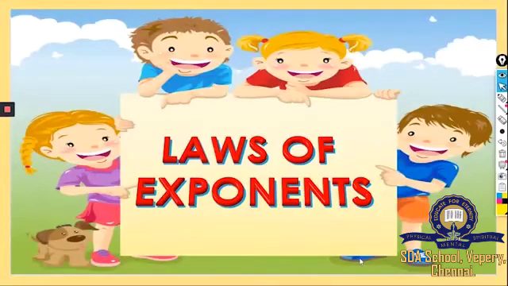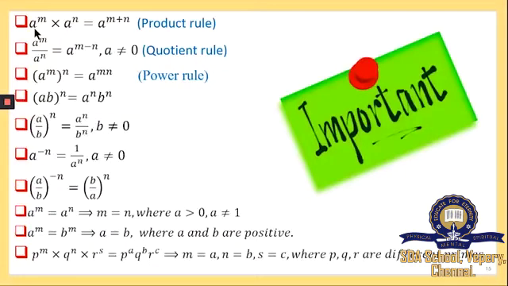So all these laws will be useful in solving the expressions. Okay. Now let us see what are the laws. The first law is a power m into a power n equals a power m plus n. And this law is also called as product rule. The second law is a power m divides a power n equals a power m minus n.